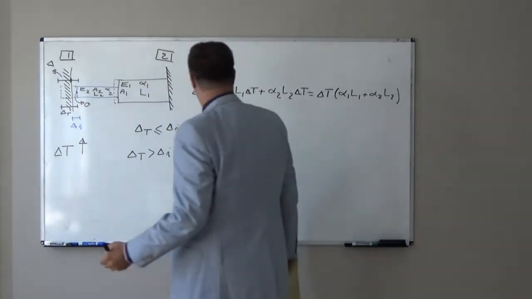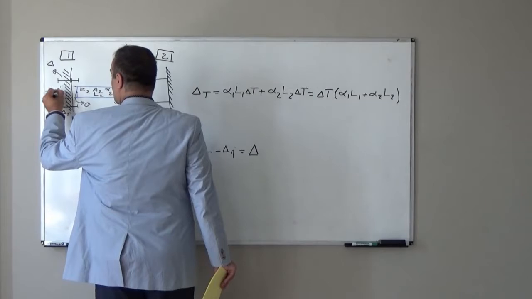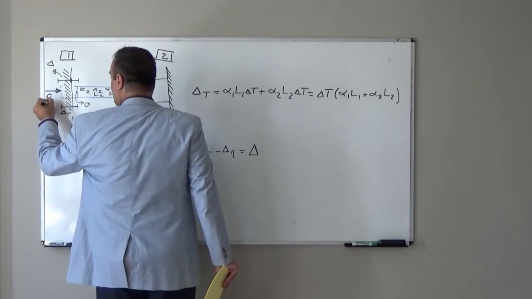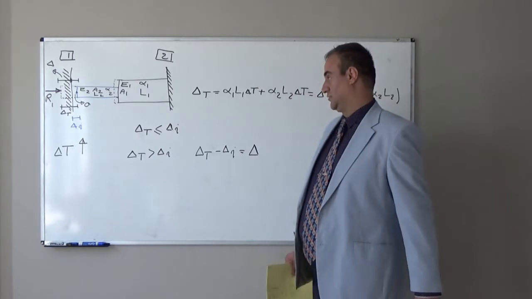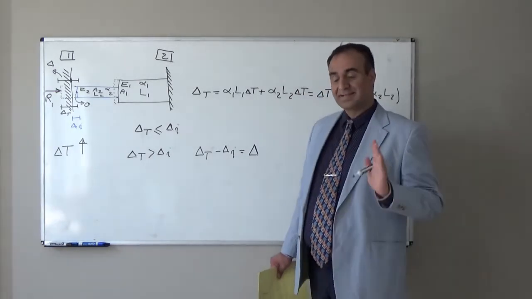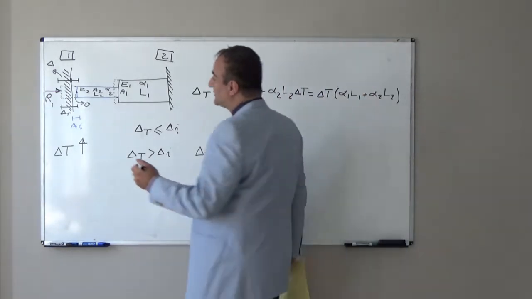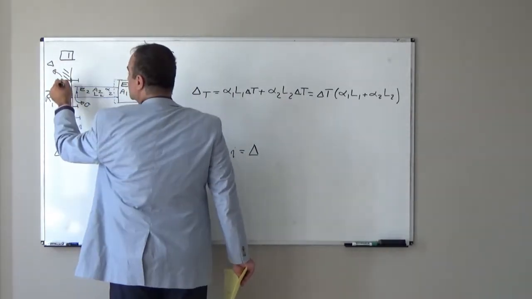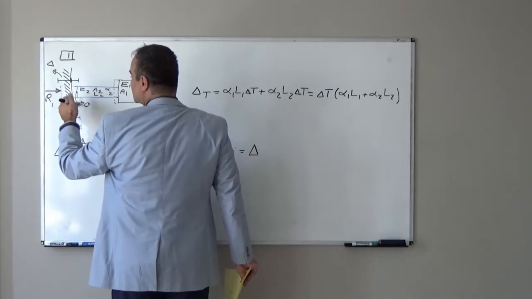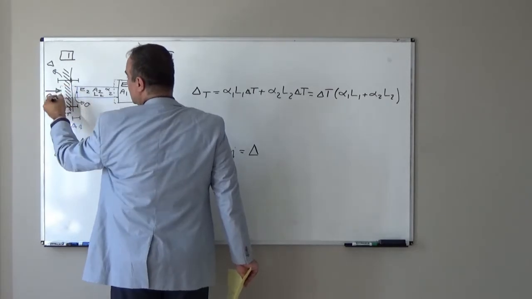That reaction, how much is that? We don't know the magnitude. I show it with R1. But that reaction should return this deformation to the initial position. If we don't have this support, it will come here.